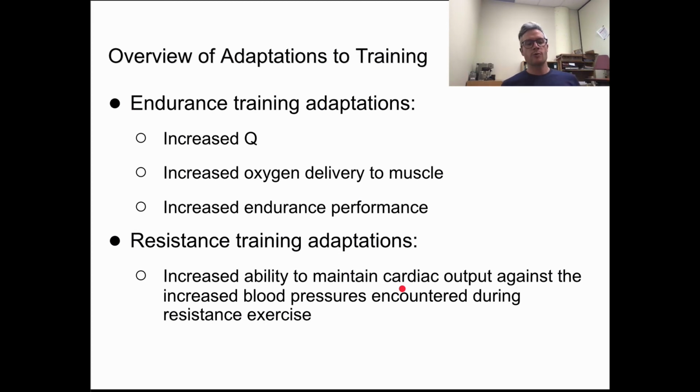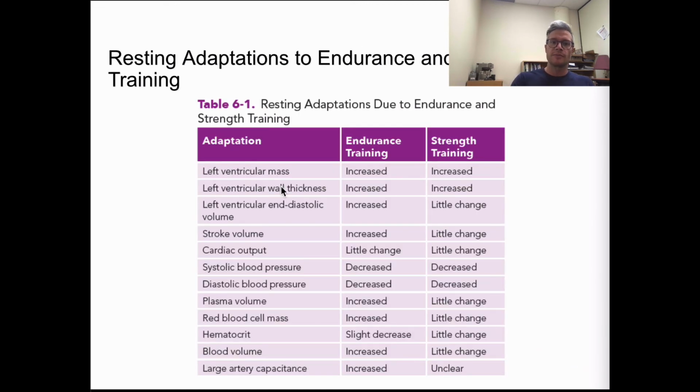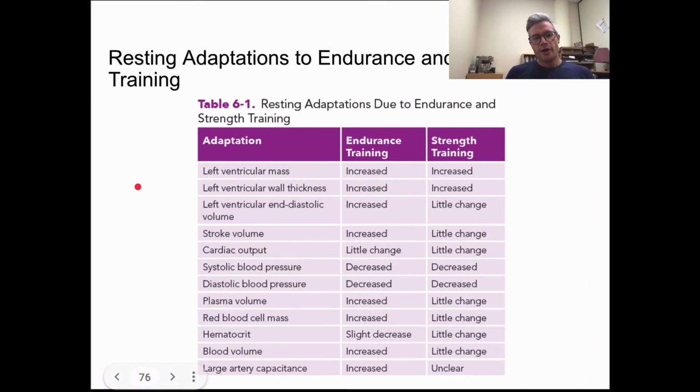When we're working out, there's a lot of tension throughout the body, and that creates peripheral resistance to blood flow. So our hearts have to be able to keep pumping against that resistance. And here's a chart summing a number of different things. So here we are resting. At rest, these are adaptations that we'll notice between endurance and strength-based training programs, if we've done quite a bit of this.